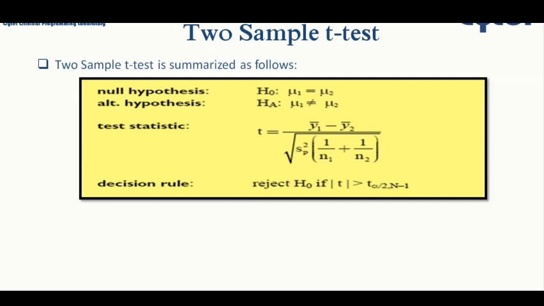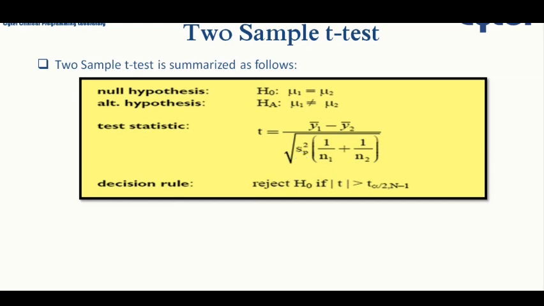Whenever our sample sizes are small, that is, suppose less than 30, then you have the same hypothesis here, mu1 is equal to mu2 versus mu1 not equal to mu2. The test statistic is this, y1 bar minus y2 bar. So here, if you remember, this sigma square is replaced by some S square P, which is a sample quantity.